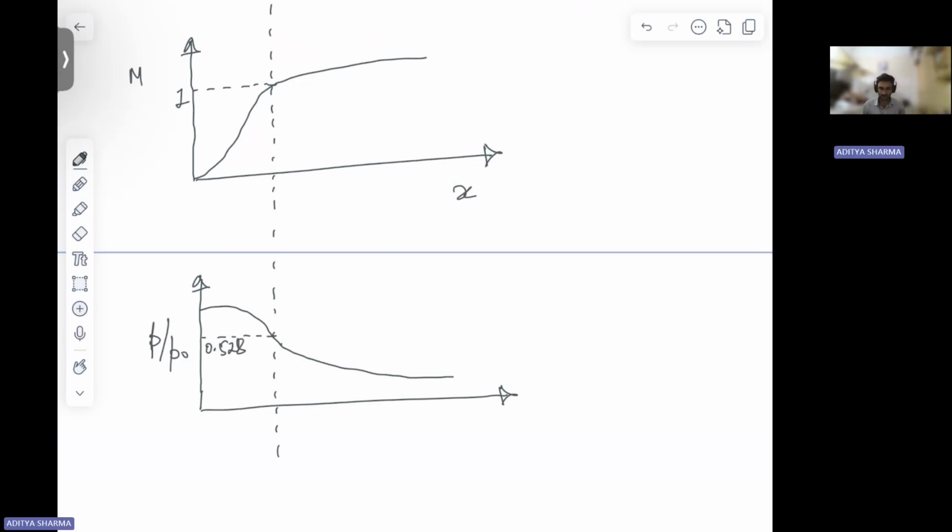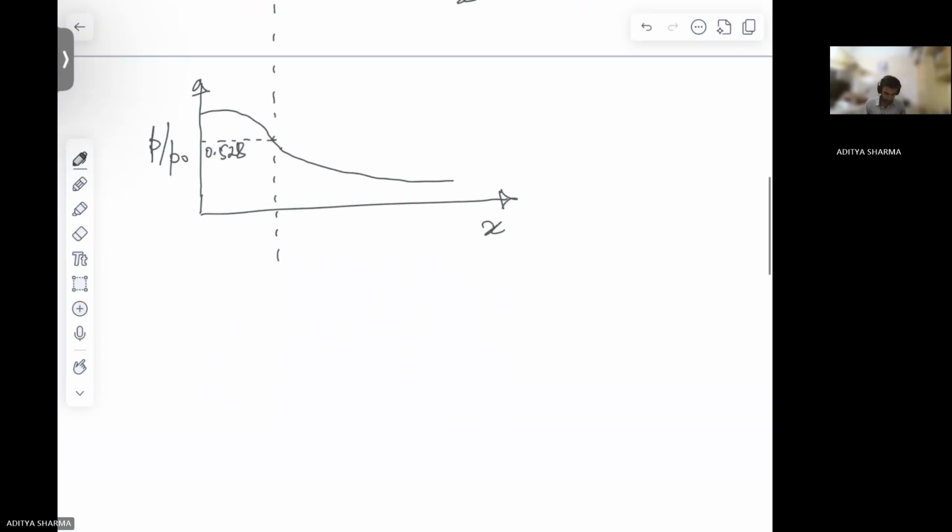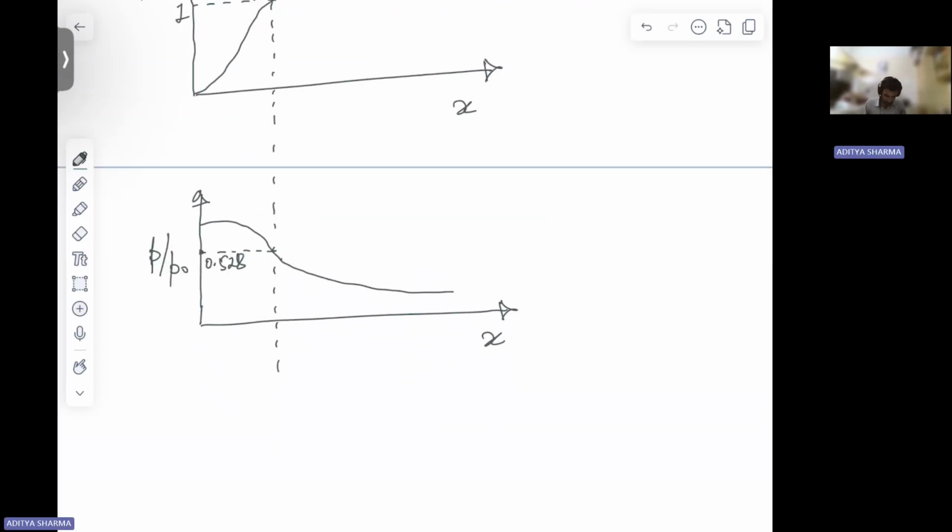This is your x direction. Now what is 0.528? We have seen it previously. At the throat of nozzles, when your throat is choked, the ratio of static pressure to stagnation pressure is going to be 0.528.